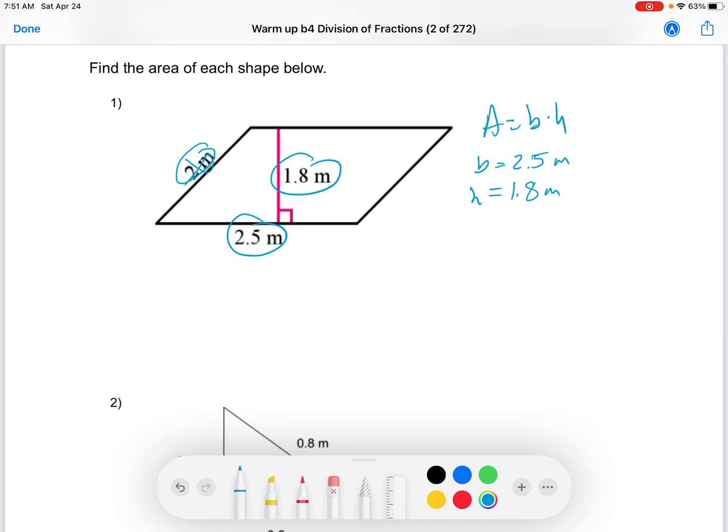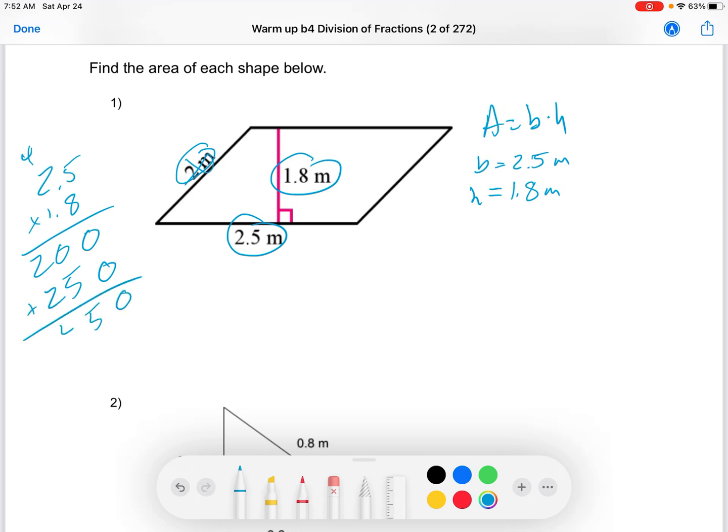So 2.5 times 1.8. I will do the 2.5 times 1.8 here. And there we go, 0.54. And then now I look at it and I say, remember, this one's in 25 tenths.